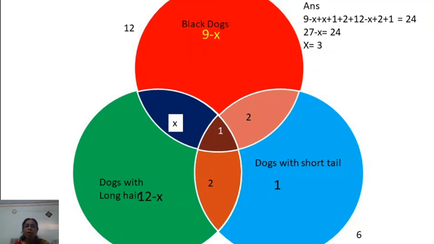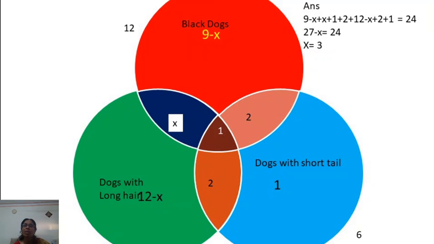So what we have to find: let the number of dogs who are black and have long hair but not short tail be x. How to find this value of x? How many total dogs are in the kennel? There are 24 dogs. So 9 minus x plus x plus 1 plus 2 plus 1 plus 2 plus 12 minus x, all this is equal to 24.